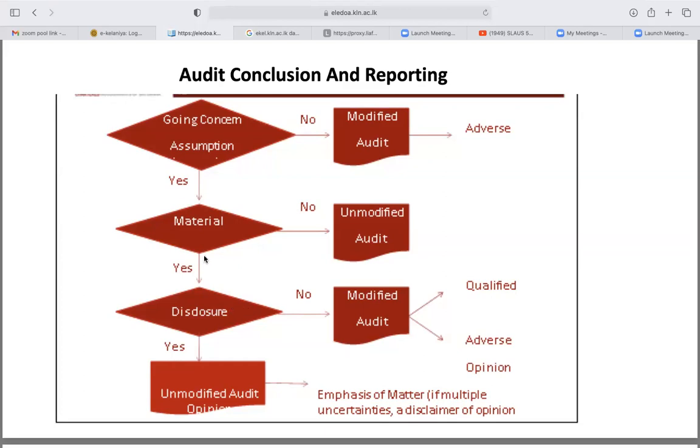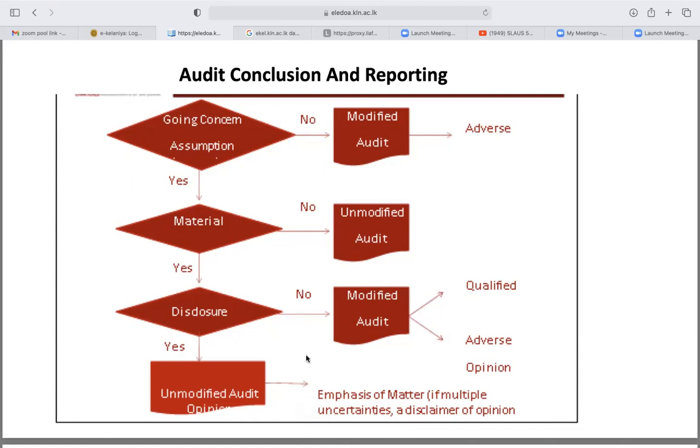So if it is material and we have disclosed it, we don't have to express a modified opinion, but we do have to mention the going concern assumption in the emphasis of matter paragraph. This is how you need to conclude or report if there is any kind of going concern issue in the company as an auditor.